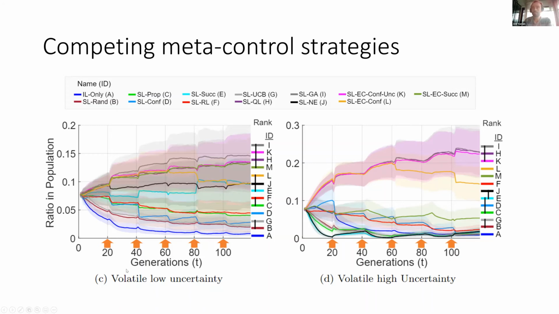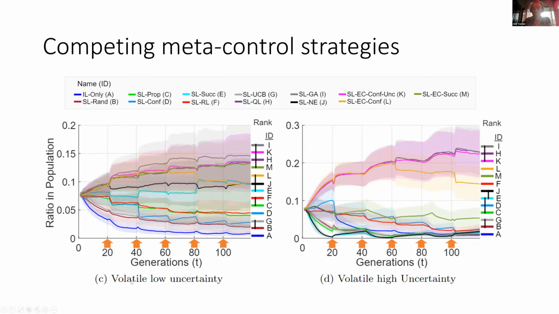Here the agents can now switch between these meta control strategies, and then we test their success relative to each other. So in the population, which individuals that use which strategies would dominate others. These graphs are looking into that.